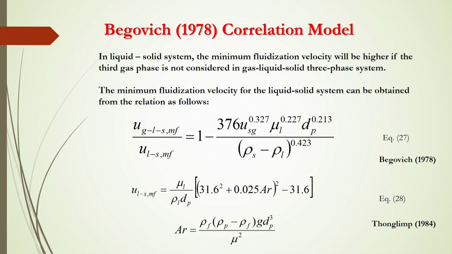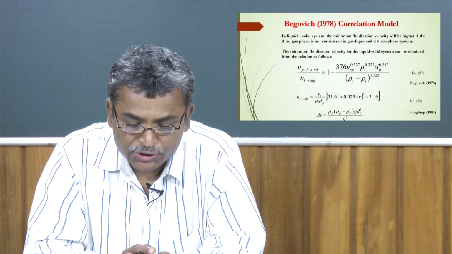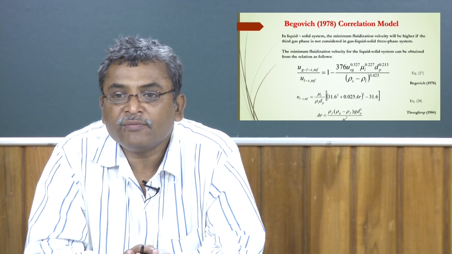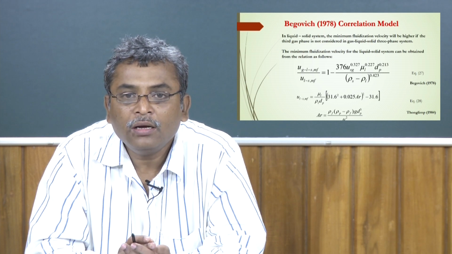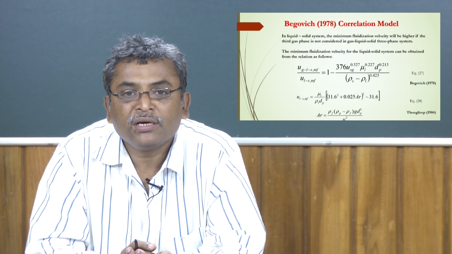Now, different investigators have developed different correlations from their different experimental data and obtained the minimum fluidization condition for liquid solid system, gas liquid solid system, even gas solid system also. We have already shown different correlations for minimum fluidization condition for gas and solid system, even liquid and solid system.